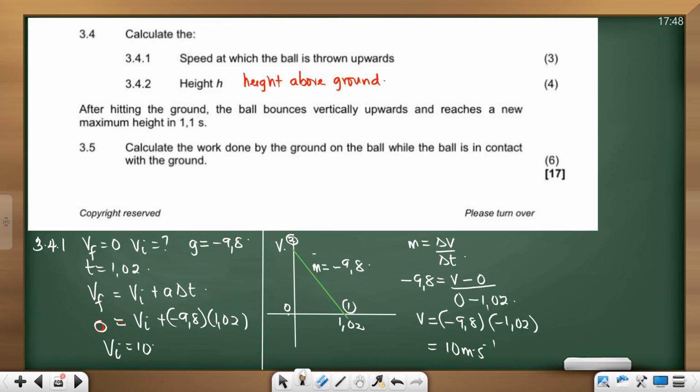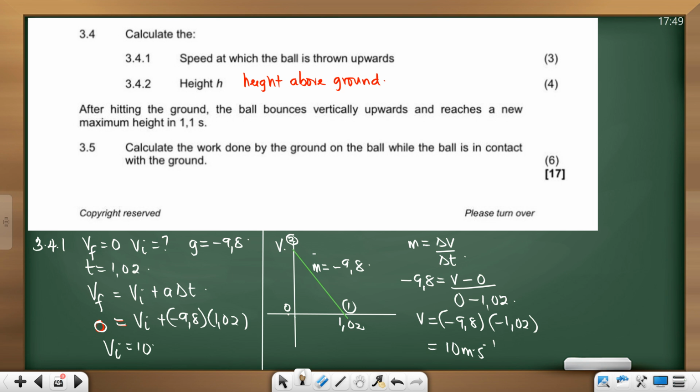Let's see. Calculate the work done by the ground while the ball is in contact with the ground. Calculate the work done, now, by the ground.